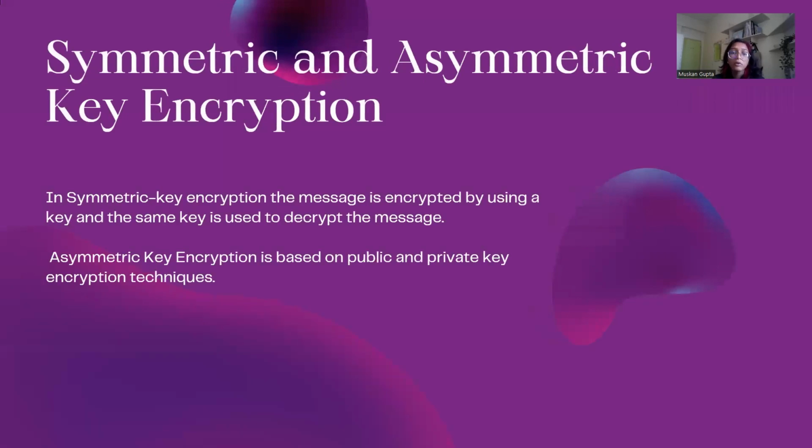Now I'll talk about symmetric and asymmetric key encryption. In symmetric key encryption, the message is encrypted using a key, and that same key is used to decrypt the message. Whereas asymmetric key encryption is based on public and private key encryption techniques.